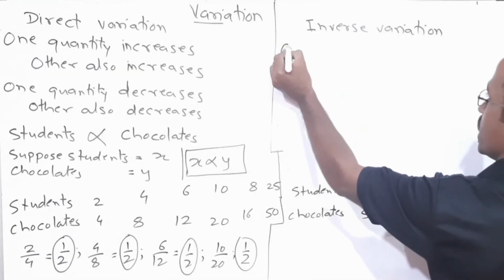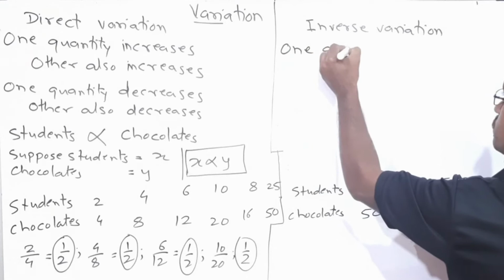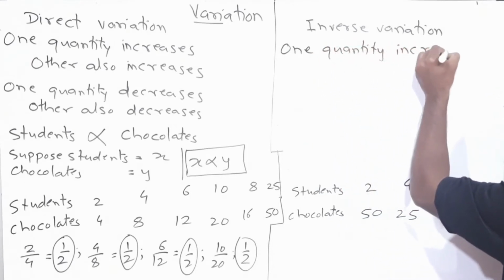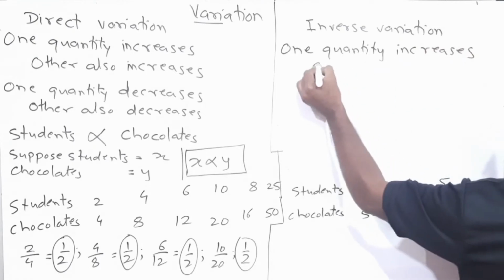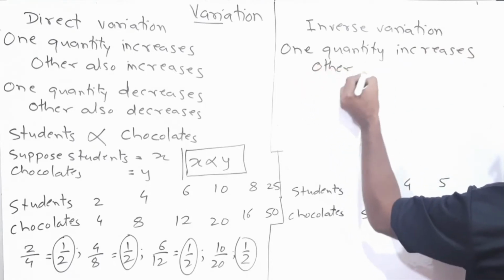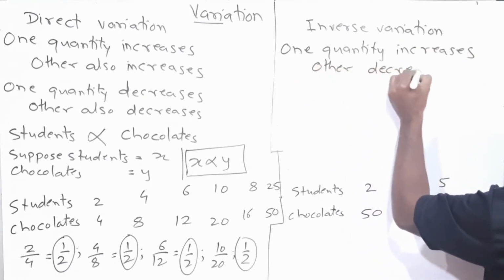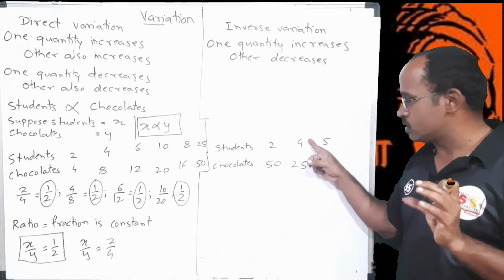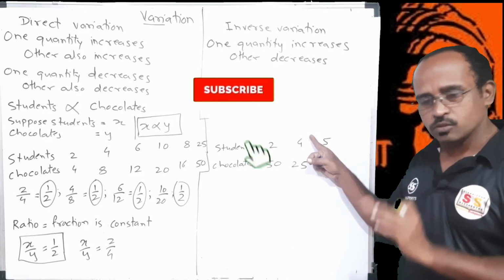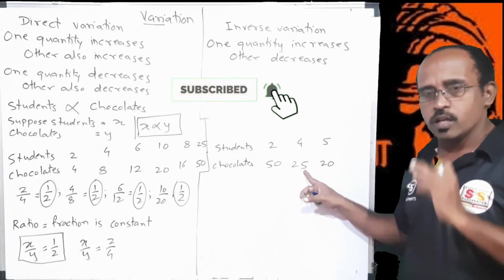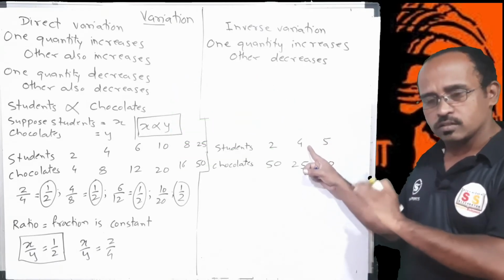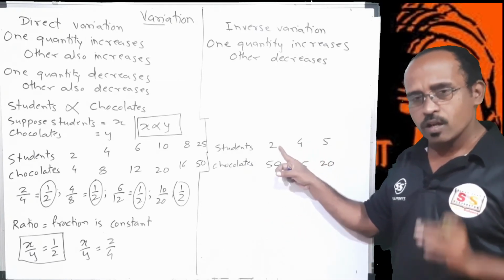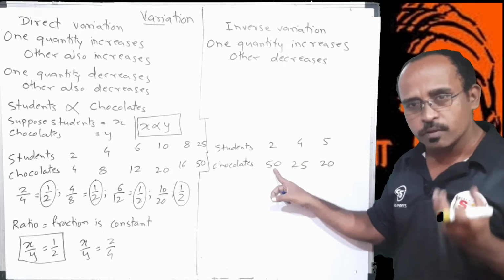So if one quantity increases, other quantity decreases. If you are distributing those 100 chocolates among 4 students, each student is getting 25 chocolates. If you will distribute those 100 chocolates among 2 students, means number of students will decrease. What will happen with number of chocolates per student?